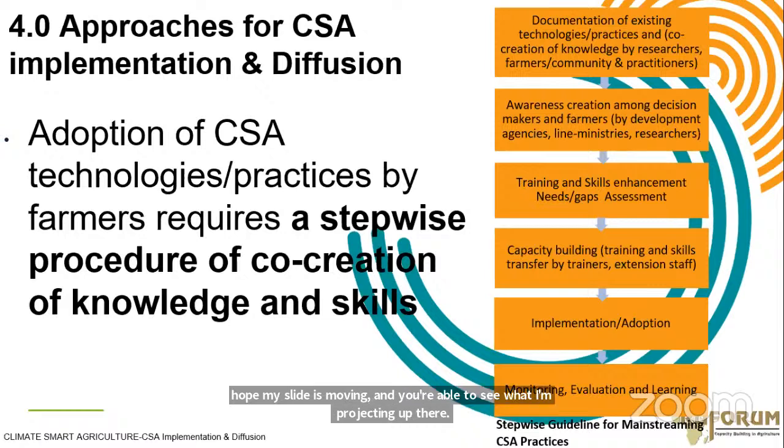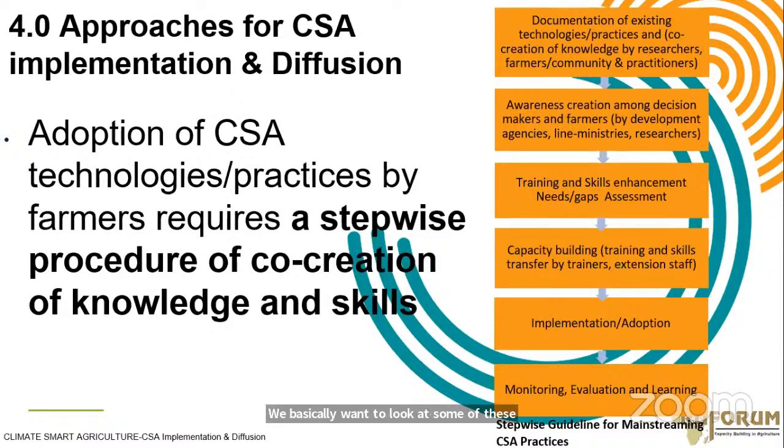Yes, so as I've indicated, we basically want to look at some of these approaches that we use in implementing or diffusing CSA. Having known what CSA is all about and some of the practices, it is important to understand how these are applied, the various approaches used in application.